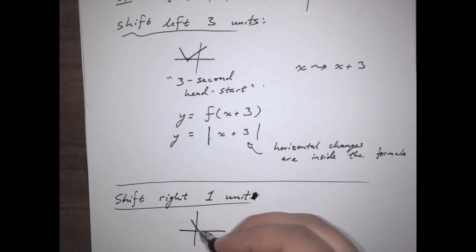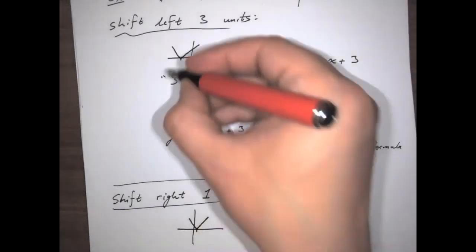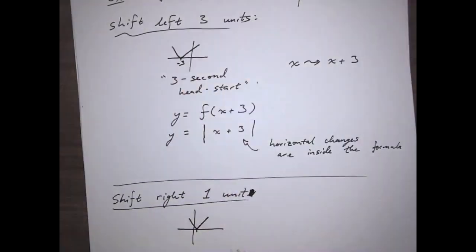The whole thing would have been 1 unit to the right, which means the whole thing is delayed by 1 second.